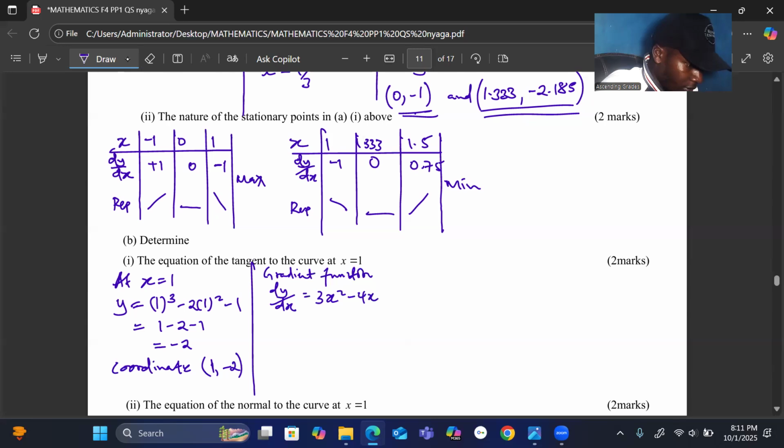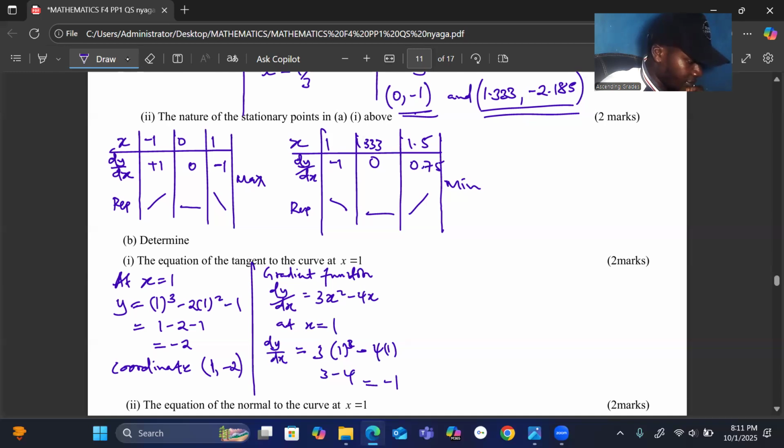Now, at x equals 1, we have dy/dx equal to 3 times 1 squared, that is 3, minus 4 times 1. That is how we arrive at 3 minus 4, which is equal to negative 1.